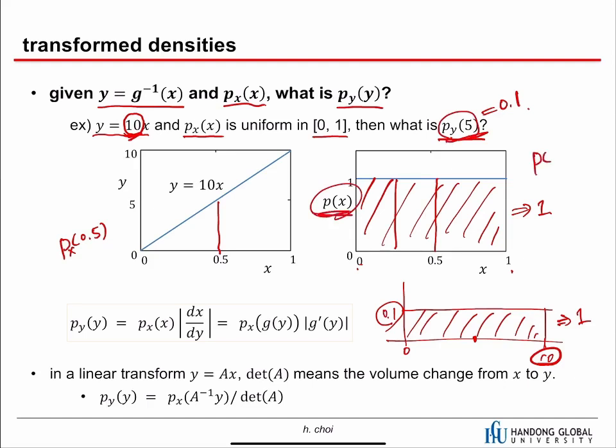So p of 0.5 divided by 10 is 0.1. You see that? We transformed so that in the y space it changed. But as long as we know this transformation and p of x, then we can calculate p of y. So this calculation is based on this.